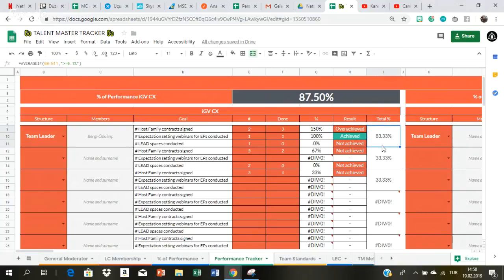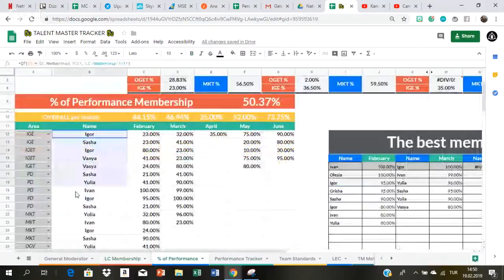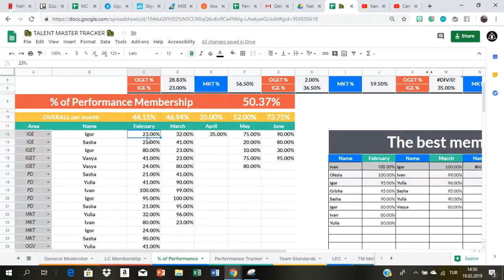And what is the good part? This tool is completely easy to use, because the LC membership names that you wrote here will be directed to the performance tool directly, and you will take only the percentage and put it under the month that you are reporting.